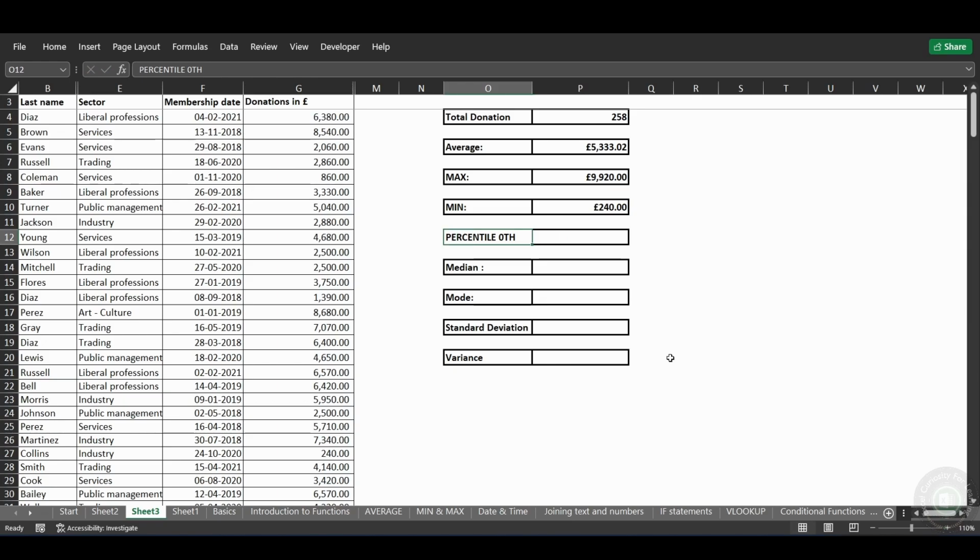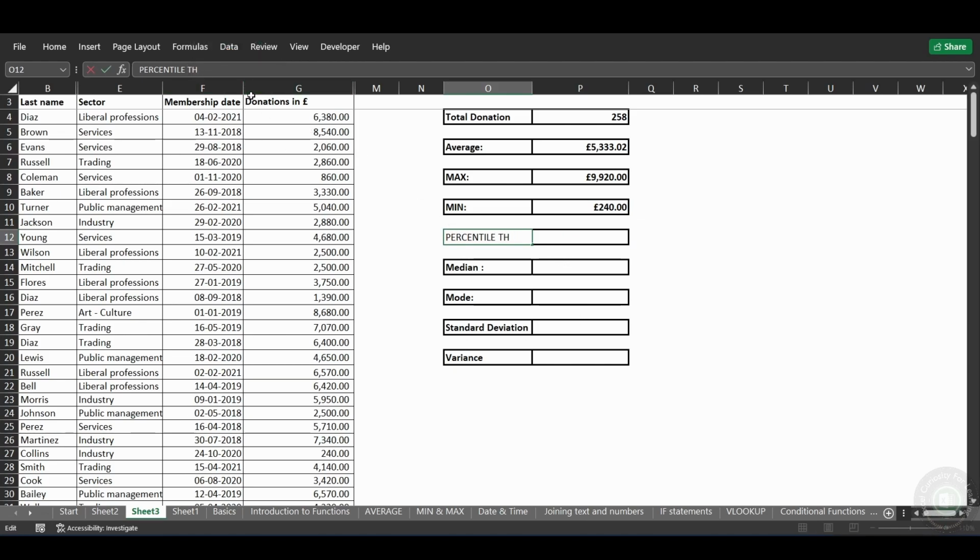So what is percentile? From this data, the maximum donation amount would be the 100th percentile, and based on that, it will figure out the percentile you are looking for. Suppose I am looking for the 75th percentile.